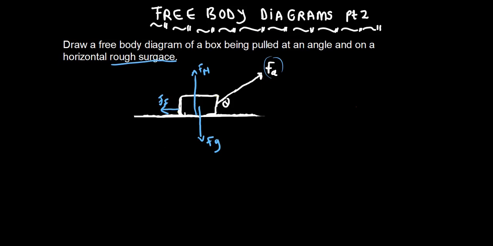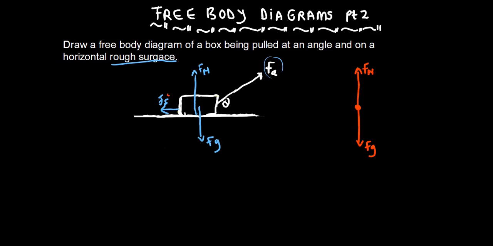When we draw our free body diagrams, we represent our box with a dot as usual. Then we put our force of gravity, which is acting downward. Then we put a force that is equal to that force, which is the normal force, Fn.